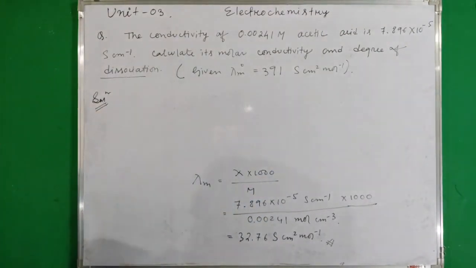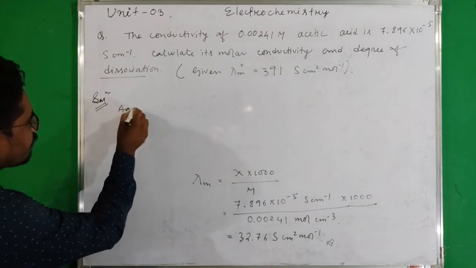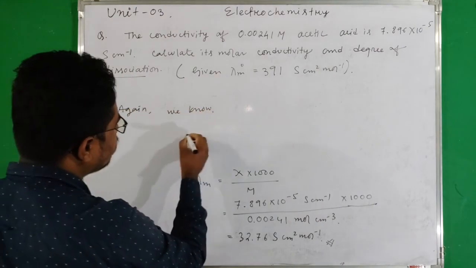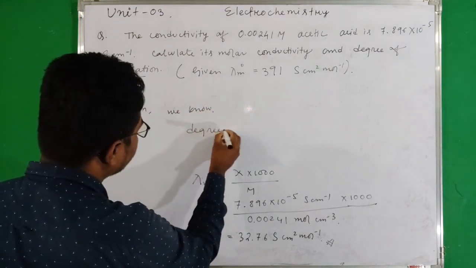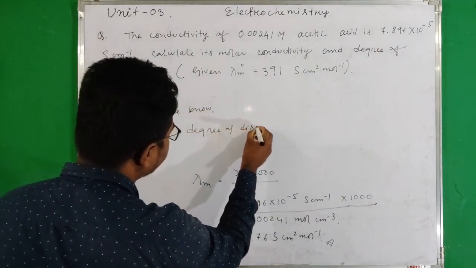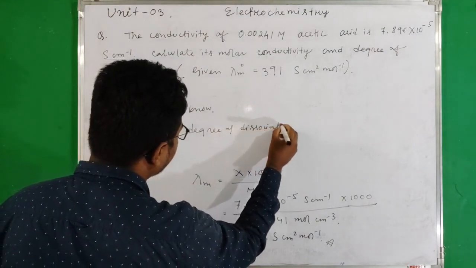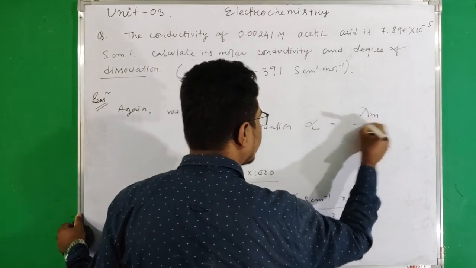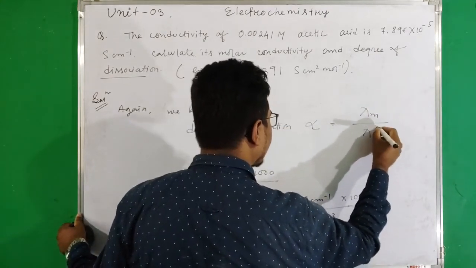Again we know, for the second part, the degree of dissociation α is always equal to Λm divided by Λm naught.